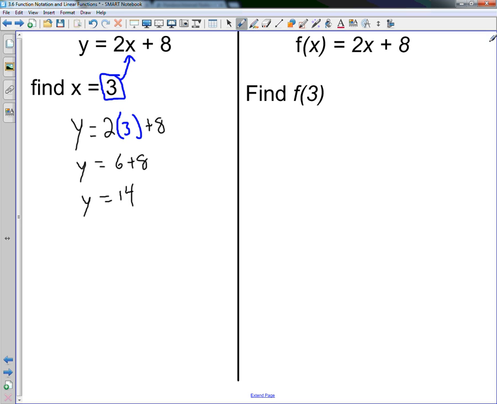The notation we're going to look at in this section is function notation. Notice that the y has been replaced with f of x. Everything else is the same for the equation. So this is just saying now we have a function, f of x.